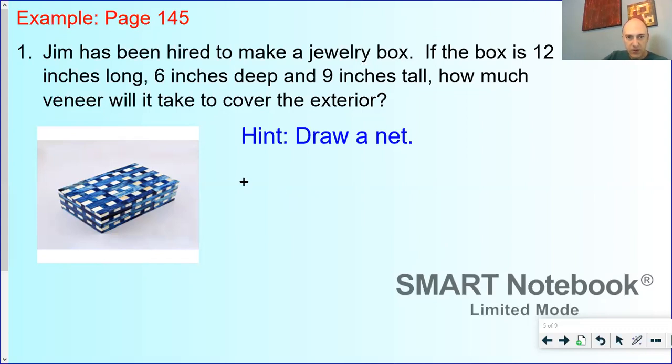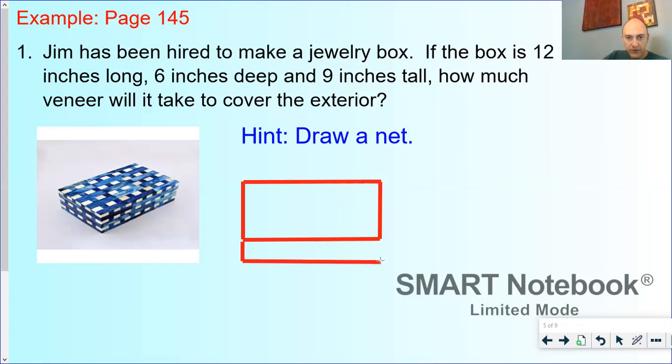So for this net, we're going to have a fairly big rectangle for the top and bottom, right? And then we got a skinny rectangle for the outsides. Top and bottom are going to be about the same.